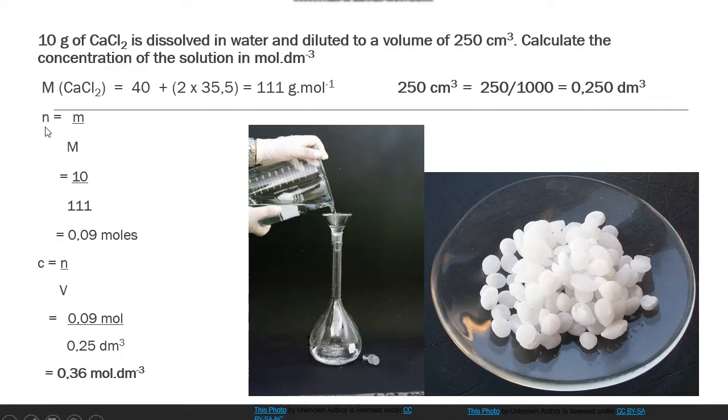We're going to calculate the moles, and the mass being 10 gram, we're going to use the molar mass 111, 10 over 111, and we divide that and we get 0.09 moles. Then we calculate the concentration by putting the 0.09 moles over 0.25 decimeter cubed, and we get the concentration of 0.36 moles per decimeter cubed.